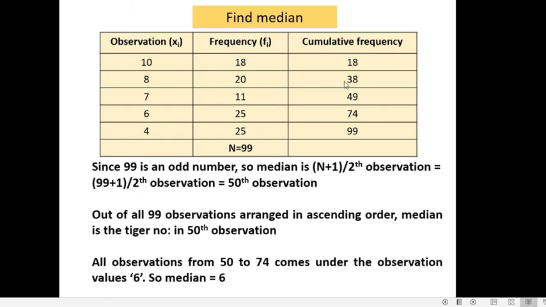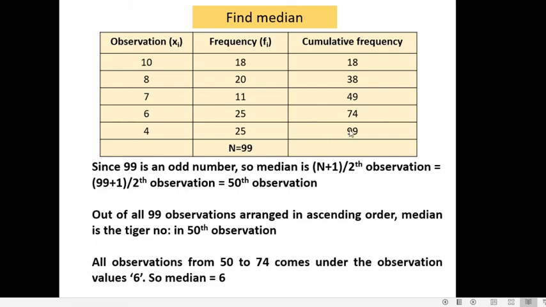So we get 38 plus 11, that is equal to 49. In the next cell, the cumulative frequency will be 49 plus 25 is equal to 74. And moving on to the next one, we get 74 plus 25 is equal to 99. And there are a total of 99 observations. So this is the cumulative frequency.